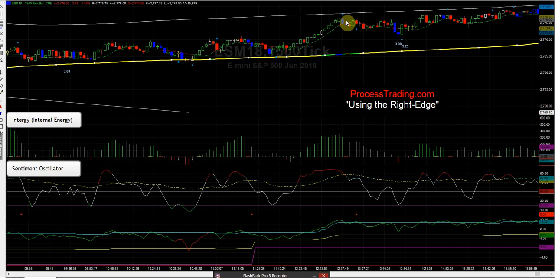It's everybody else. But you also have identified the professionals and the less skilled traders. So in this case, the professionals took it down right down to support.